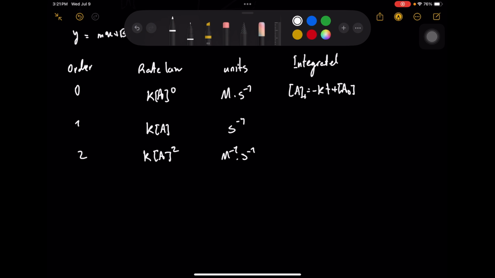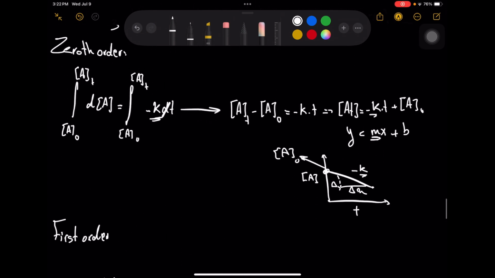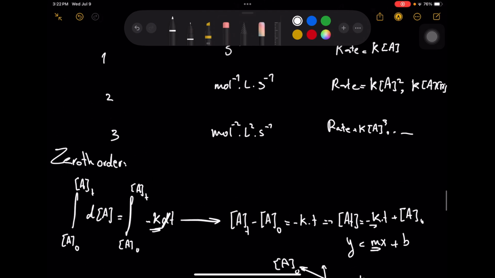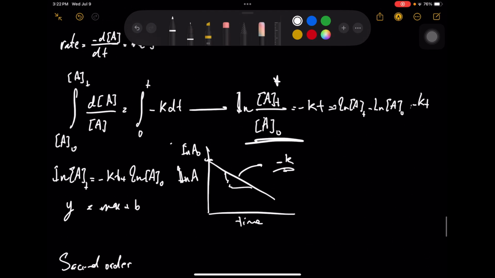For the first order, this one is ln of A at t equals negative kt plus ln of A 0, and then we can just show it like this. I don't want to write it. Where is it? It's the first order. Yeah, we can write it like this.